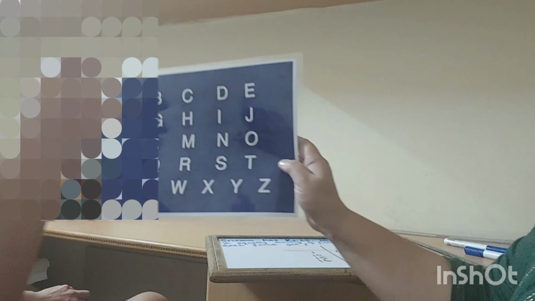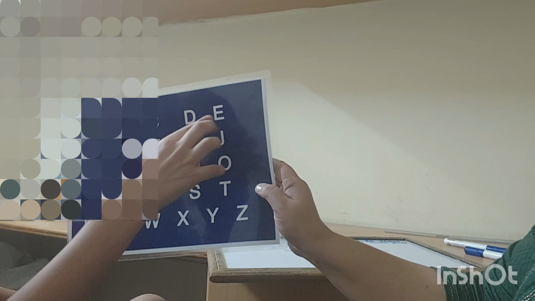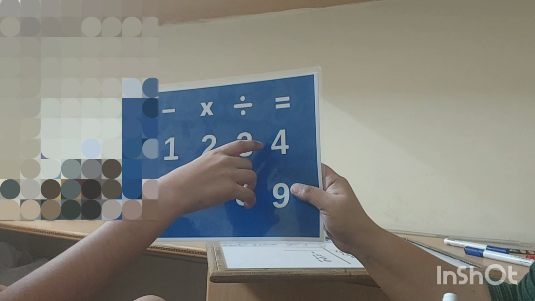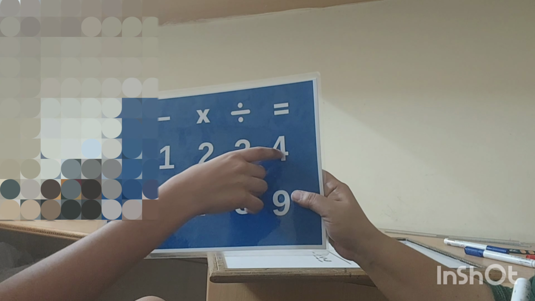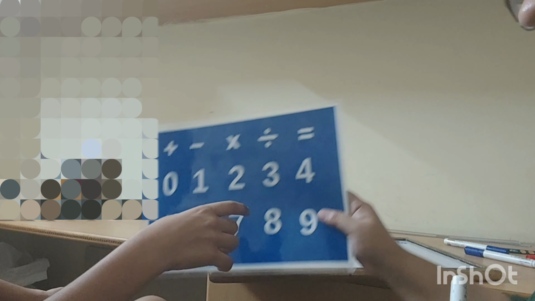So can you make 1 rupee into 4 parts of 25 paisa? Yes. So if you break 1 rupee into 25 paisa, how many coins will you have? 4. Sure? Yeah, okay.